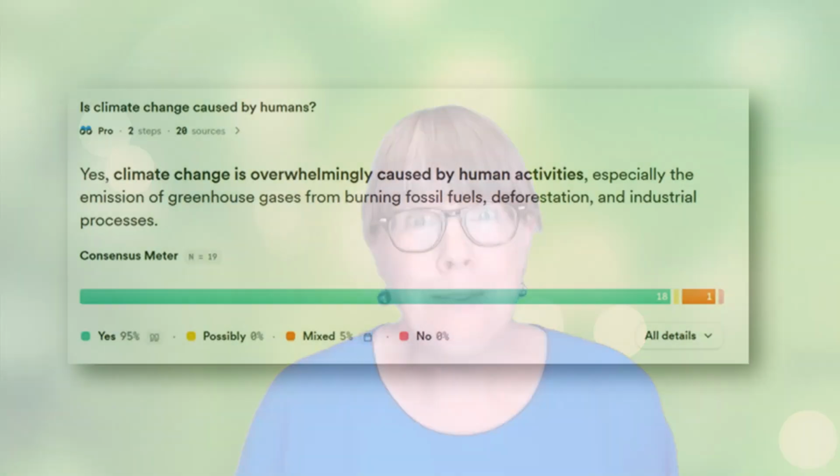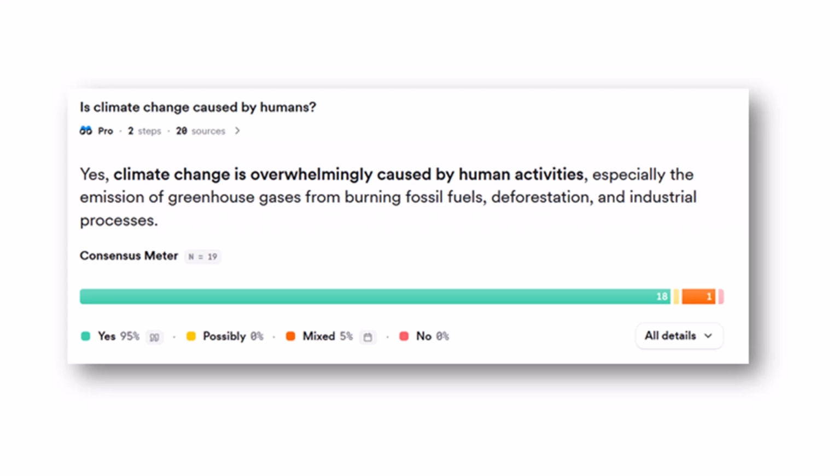The Consensus Meter displays the balance of evidence as a simple bar chart with the number of included studies along with the references used so that we can read more details. For example, 18 of 19 studies, 95%, are classified as supporting the conclusion that climate change is overwhelmingly caused by human activities, with one mixed and none opposed, providing an immediate visual snapshot of the evidence base.